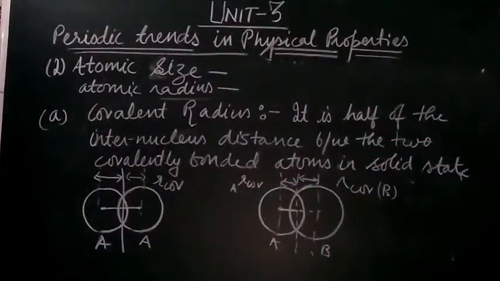If it is a homoatomic molecule, we are just taking half of the internuclear distance, and if it is a heteroatomic molecule, in that case we will take the distance between the nucleus of the atom and the mean position of the shared pair of electrons. Again I'm repeating, if it is a heteroatomic molecule, that will be the distance between the nucleus of the atom and the mean position of the shared pair of electrons.